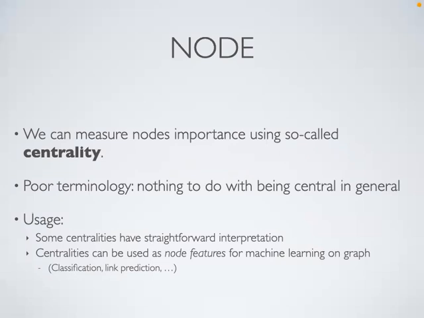Centrality is not a very good term, because it's not in general about being central in the graph. I will present some centralities which can be interpreted as being central, but others are measuring something different, more like characteristic properties in the network.